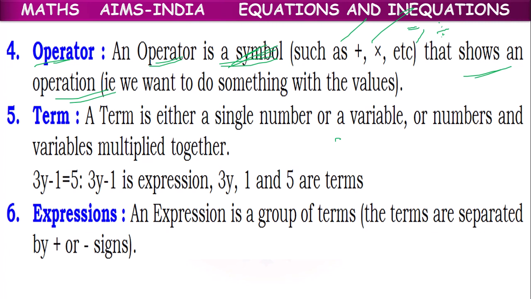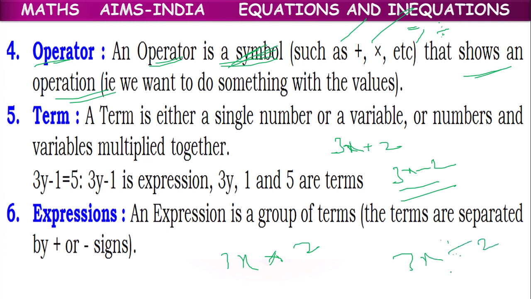If there is plus, we have to do the sum. If there is a minus operator, we have to do the difference. If there is into, we have to do multiplication. If there is divided by, we have to divide to get the quotient.